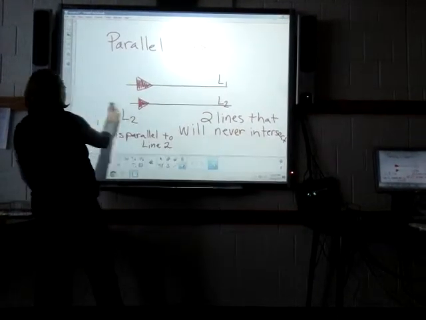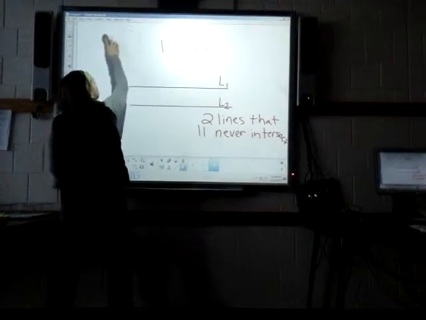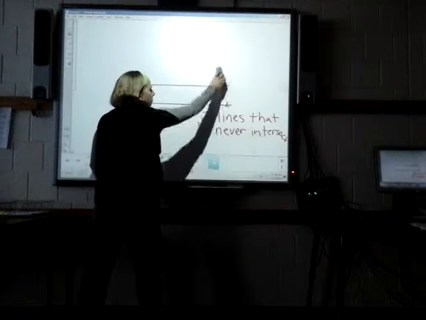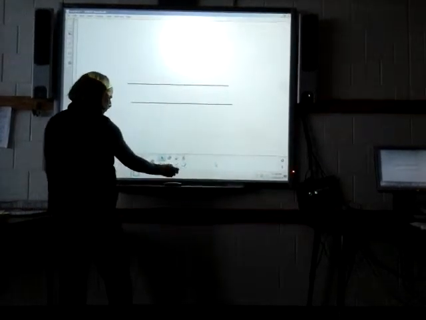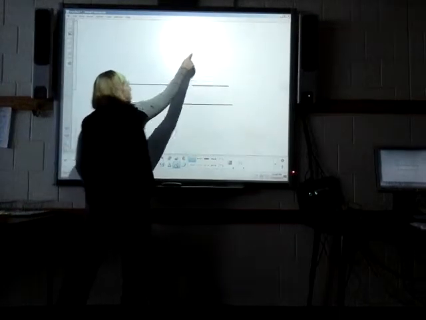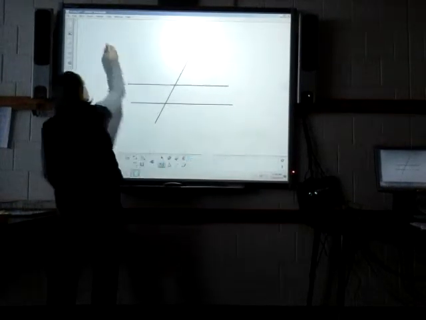All right, our next word is transversal. A transversal is a line that intersects two lines.